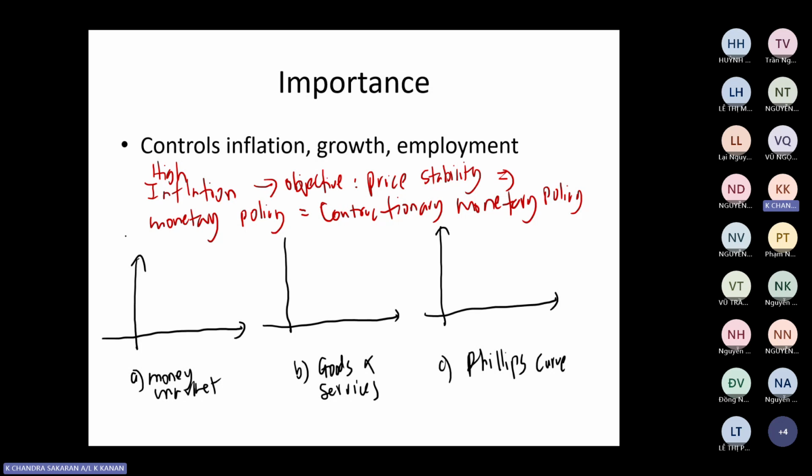Okay, money market again, interest rate R, quantity of money. Let's say this is in billion. Goods and services market, you have price and production. Phillips curve, you have inflation rate, unemployment rate.